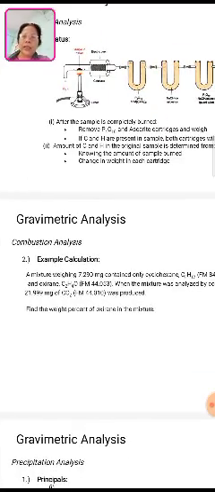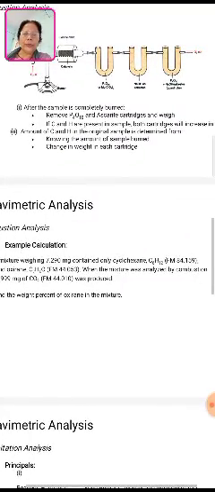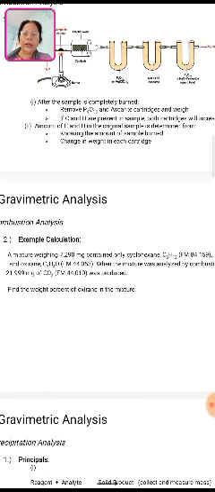Gravimetric analysis, example and calculation. A mixture weighing 7.2 milligram contains only cyclohexane, C6H12, whose formula weight is 84.159, and oxirane, C2H4O, whose formula weight is 44.053.